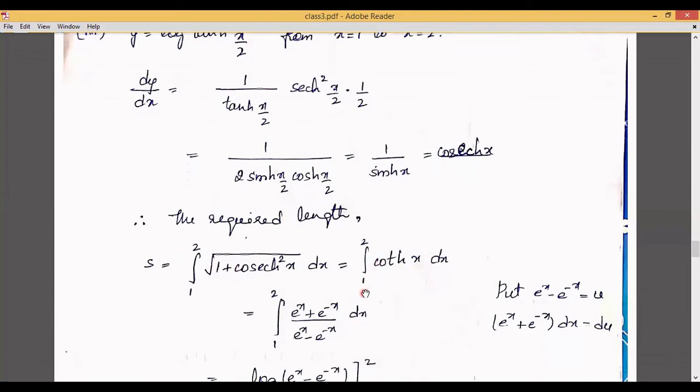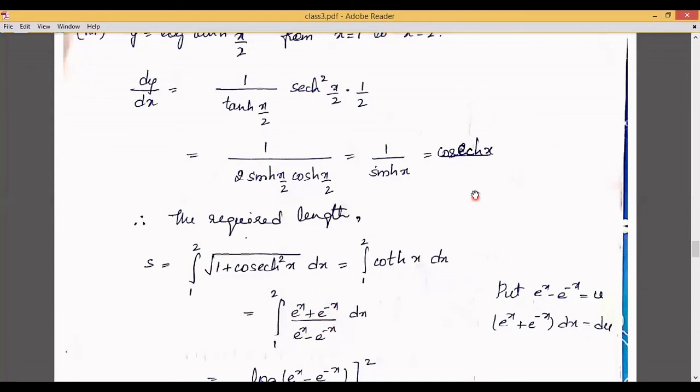And the formula for that is cos hyperbolic x by sine hyperbolic x. You know the formulas for cos hyperbolic x and sine hyperbolic x. So (e power x plus e power minus x) by 2 over (e power x minus e power minus x) by 2. That 2 and 2 will get cancelled, and you are left with this one.